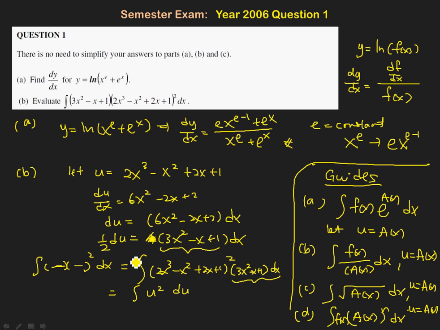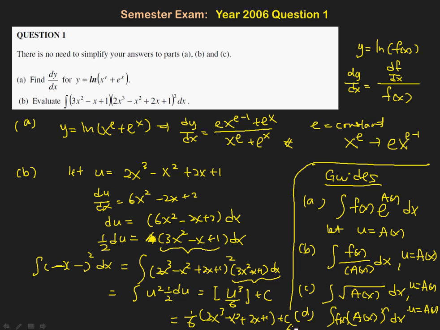So this is half du, and you integrate this, the outcome would be u^3/6 + c. Now don't forget what u is. u is in fact that expression we substituted, so we place it back: (2x^3 - x^2 + 2x + 1)^3/6 + c.